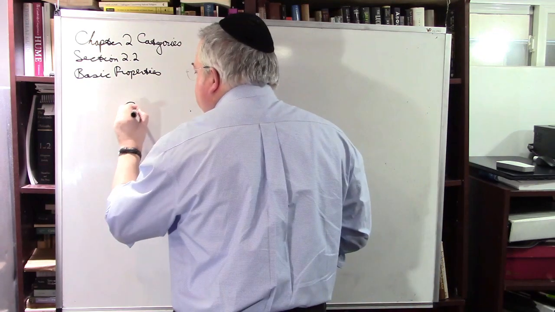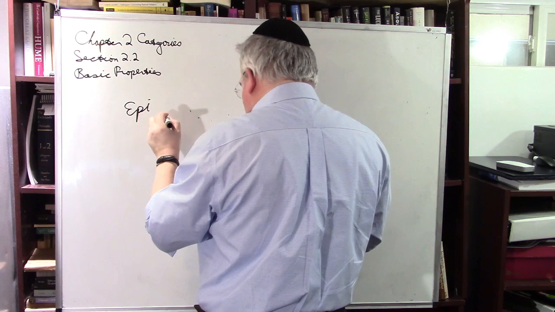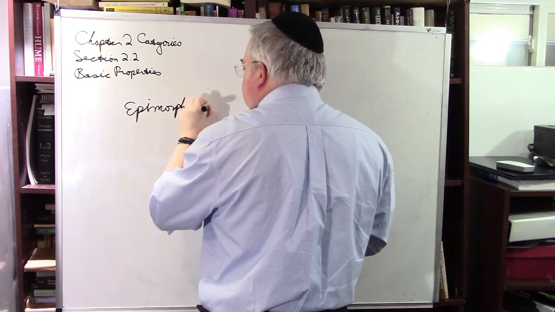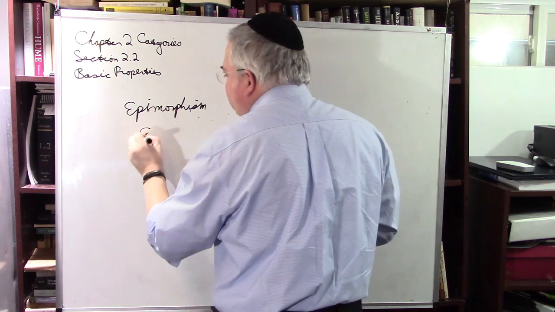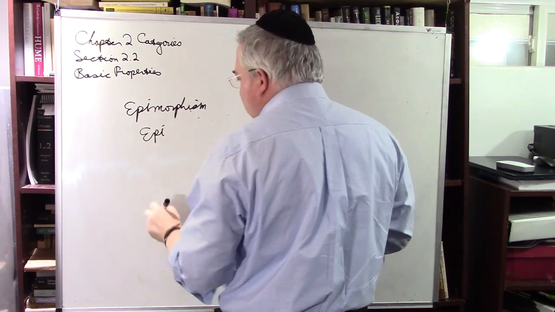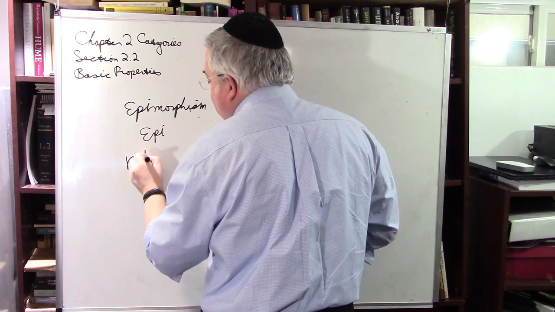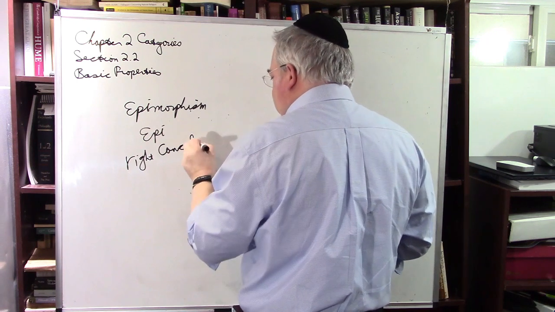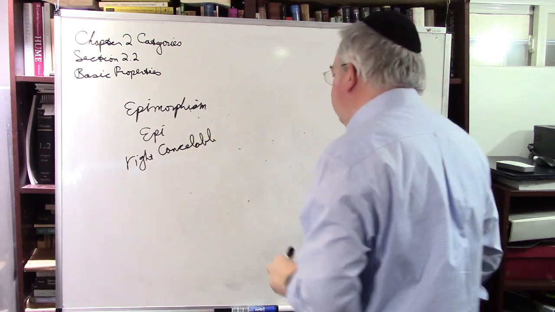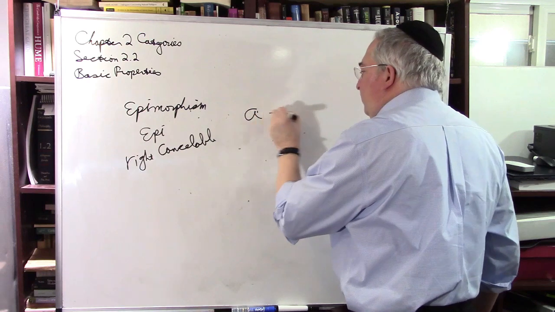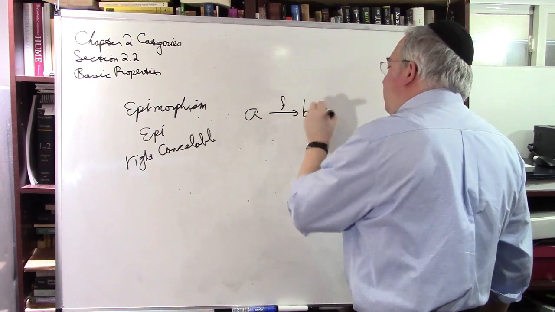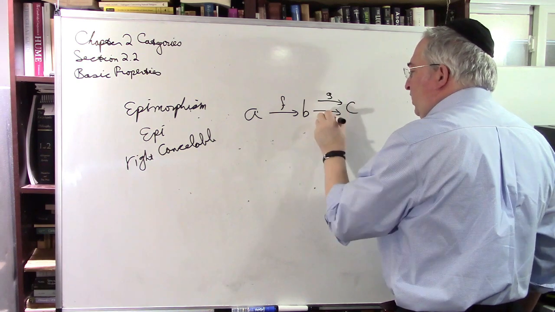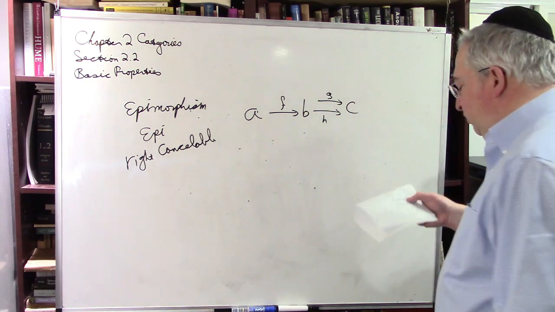Okay, in contrast, we have another type of morphism called an epimorphism. Sometimes it's shortened to just an epi, and it's also called a right cancelable, or something like that. Okay, and it goes as follows. You have a map F from A to B, and you have two maps from B to C. We'll call these G and H, and we have the following requirement.